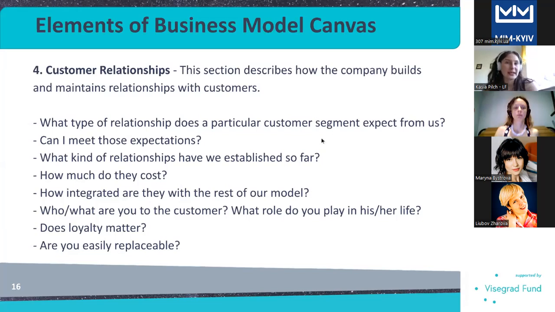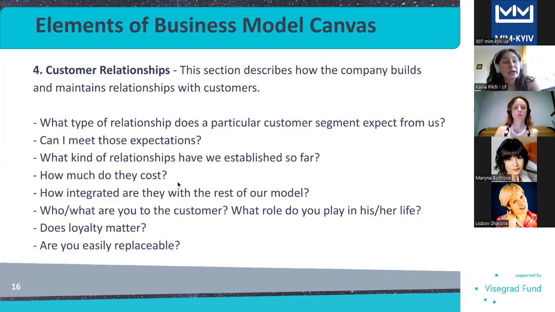That's why the customer segments are important, because different customer segments might require a different type of relationship that you establish with them. Another question: how can I meet those expectations? What can I do to establish that relationship? What kind of relationships have I already established with my customers? And how much do they cost? That's a very important question.